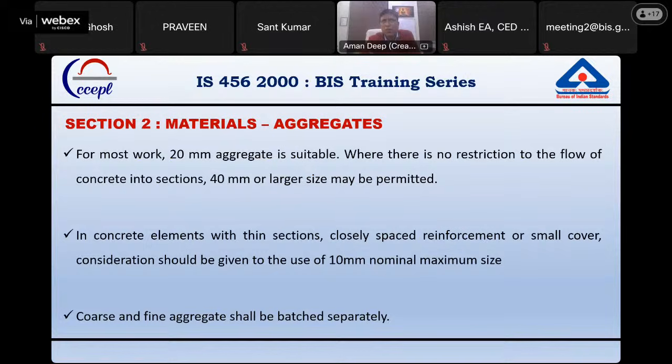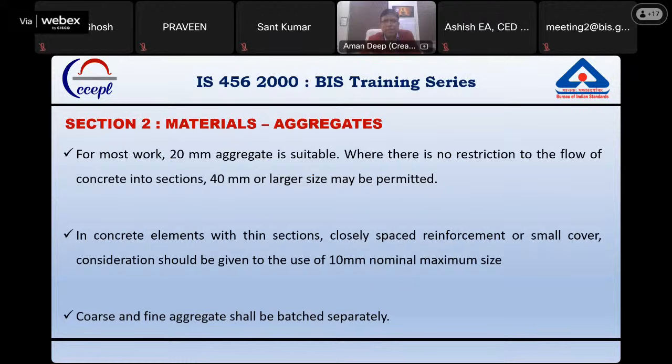For RCC also, where there is very low requirement of high workability and no reinforcement congestion, we can go for 40 mm aggregates for normal strength concretes. However, as a general practice in India, we generally use 20 mm down aggregate size for the concrete.